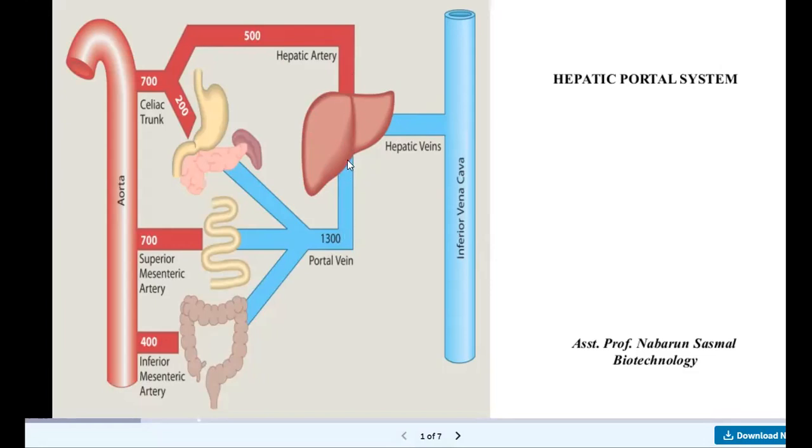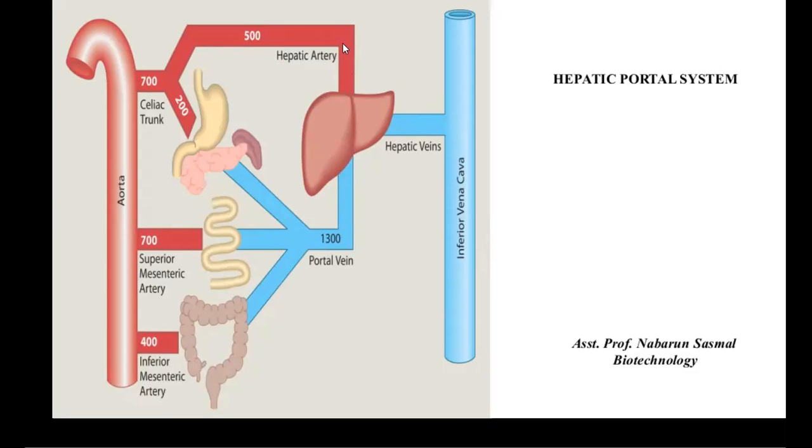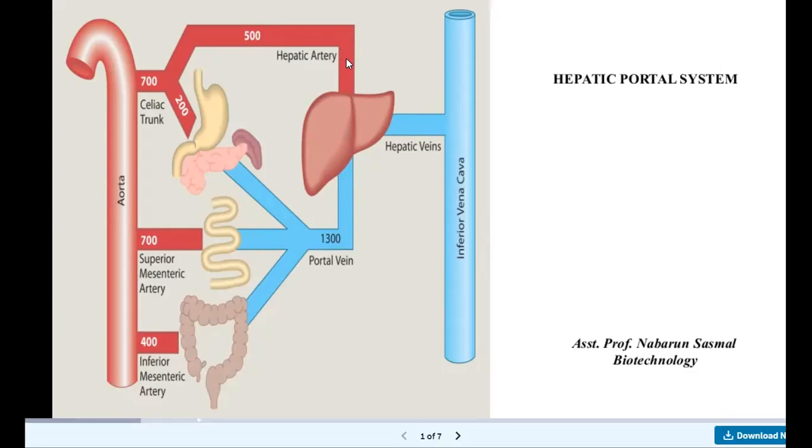Now, the liver receives blood supply through the hepatic artery, which is coming from the celiac trunk, and the portal vein. And from here, you can see that this portal vein is a combination of veins from the stomach, pancreas, spleen, and then veins from the small intestine, and veins from the large intestine.